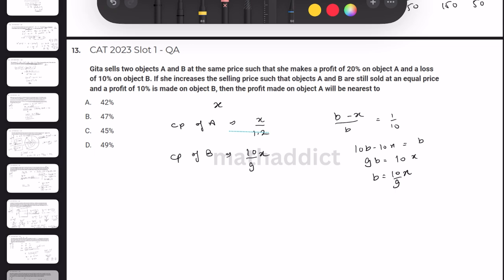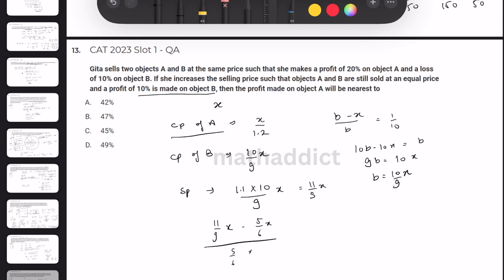Sold at an equal price and a profit of 10% is made on the object B. That means the new selling price is 1.1 into 10 by 9 x. So then the profit on A would be 11 by 9 x minus 5 by 6 x upon 5 by 6 x.